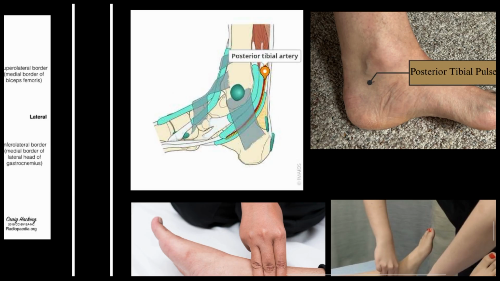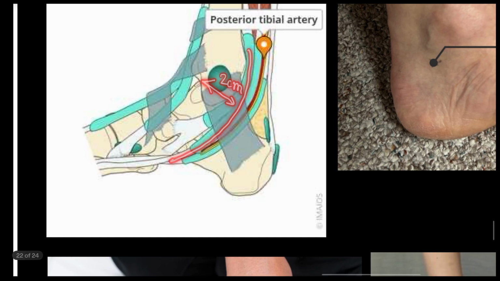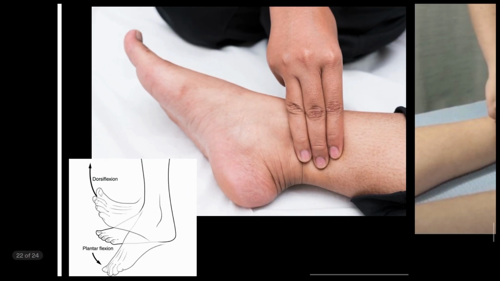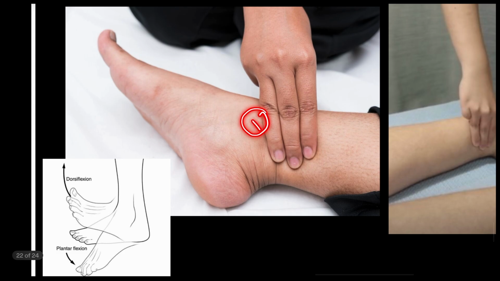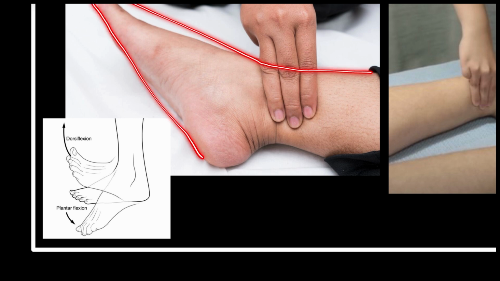Next is the posterior tibial pulse. The posterior tibial artery is present around 2 cm behind and below the medial malleolus. So you palpate it around 2 cm behind and below the medial malleolus. One trick that I am going to tell you is that to palpate the posterior tibial pulse, you ask the patient to perform plantar flexion.